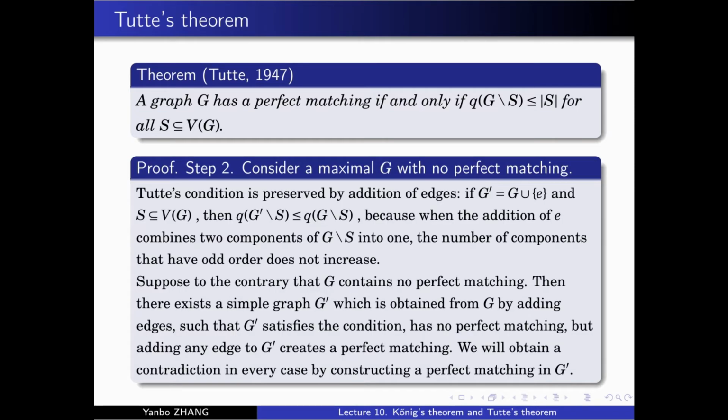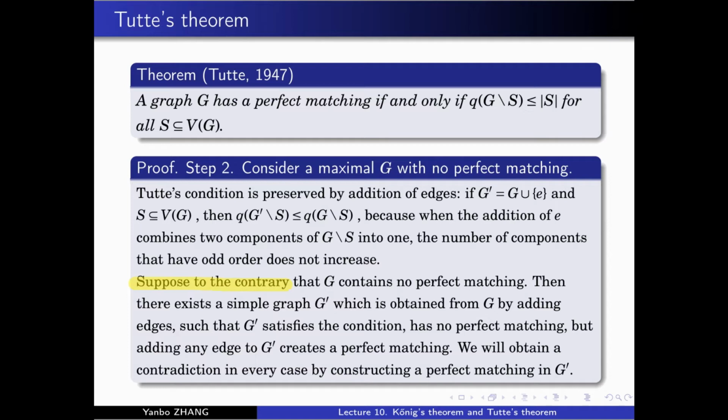To prove G has a perfect matching, suppose to the contrary that G contains no perfect matching. If we add one edge to G, the new graph has no perfect matching. Then we add the edge to create a new graph G'.